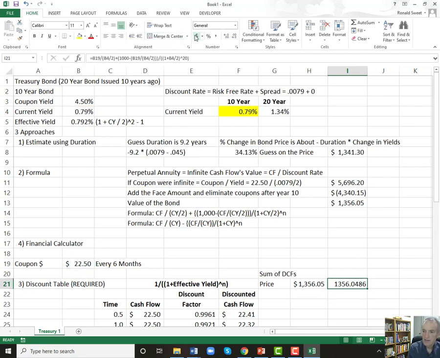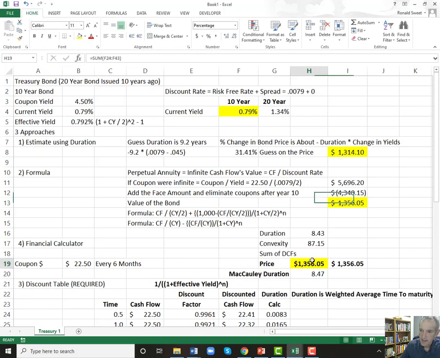And that gives you exactly the same answer using the formula and using the table.